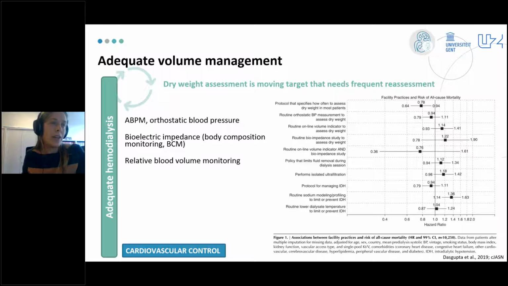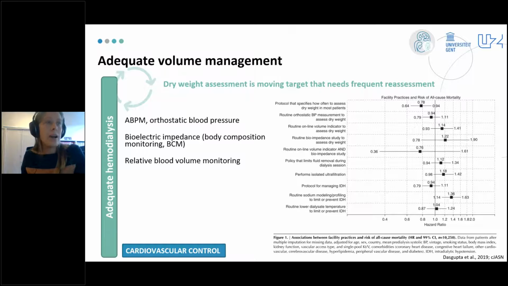I want to show you this study as well. It's from adults, but I think it's a really important study. It's from the DOPPS, where they looked at different centers across Europe and also Australia and other regions. And they looked at the cardiovascular outcomes and mortality on the center level.